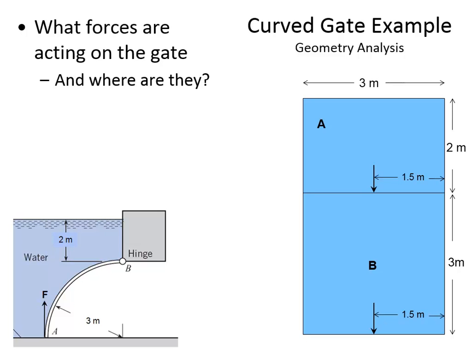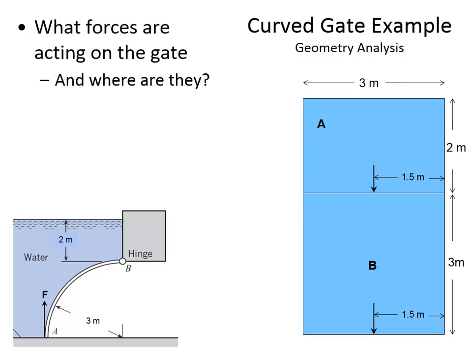Because remember what we did last time was we said let's divide it up into pieces, and here would be a piece, and so this rectangle is going to have the location of the force at the centroid. But where is the location of this force going to be? Probably somewhere around here would be the center of area, if you consider a little bit is to the right, a little bit is to the left.